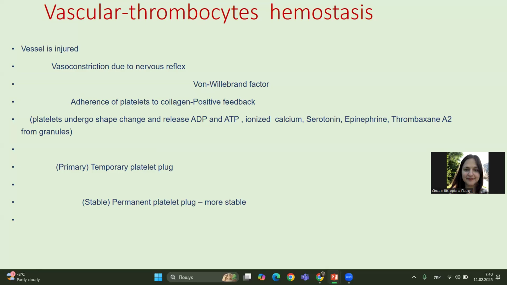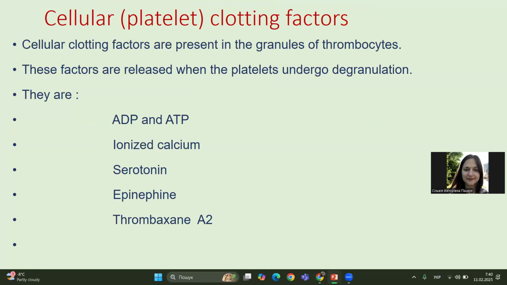A primary temporary platelet plaque is formed, and then a stable permanent platelet plaque is formed. Cellular clotting factors are presented in the granules of thrombocytes. These factors are released when the platelets undergo degranulation: adenosine diphosphate, adenosine triphosphate, ionized calcium, serotonin, epinephrine, thromboxane A2.